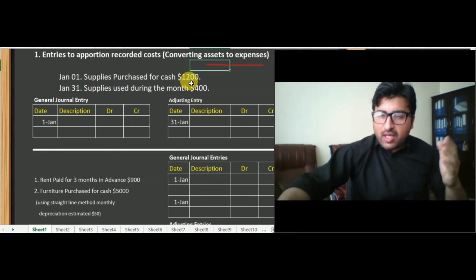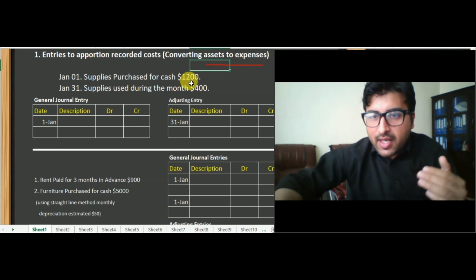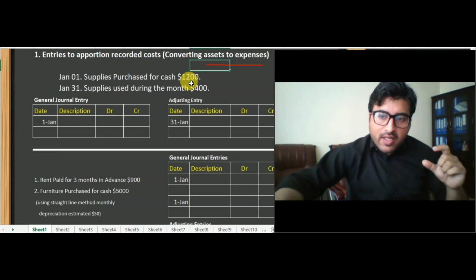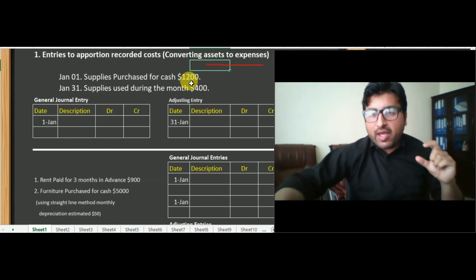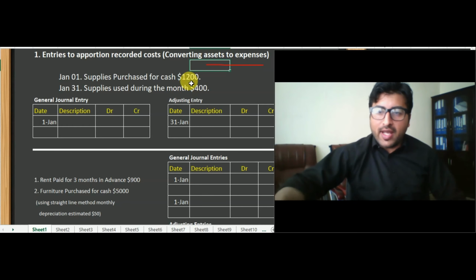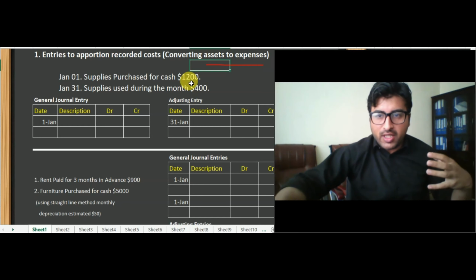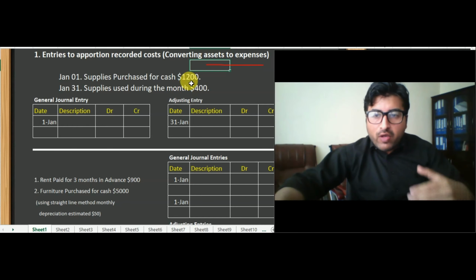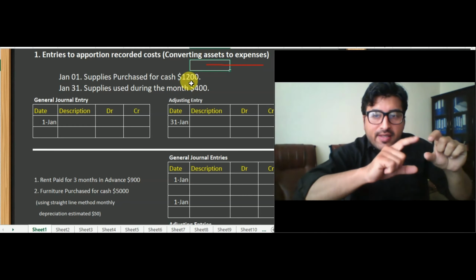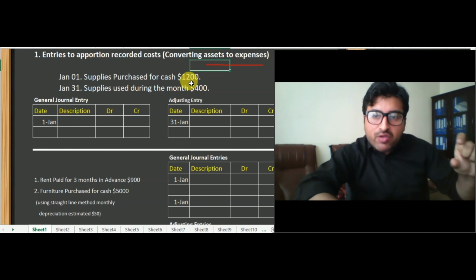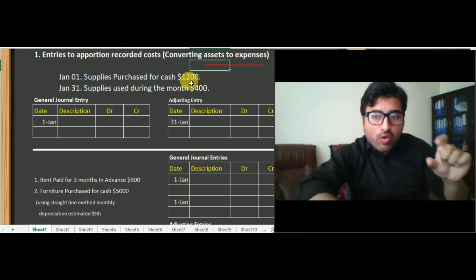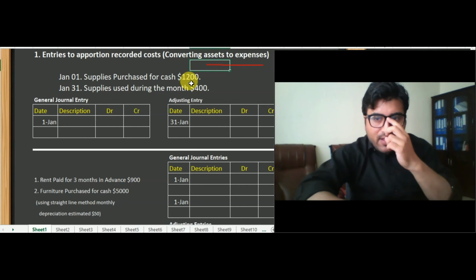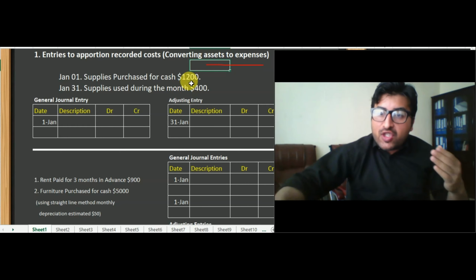And also we have some current assets like supplies and prepaid expenses. All these assets gradually decrease in value or useful life. For example, you have a furniture and it may have a useful life of 10 years. So when you use it, it is depreciated. The gradual decrease in the value of a fixed asset over its useful life is called depreciation. And that depreciation is the expense, right?